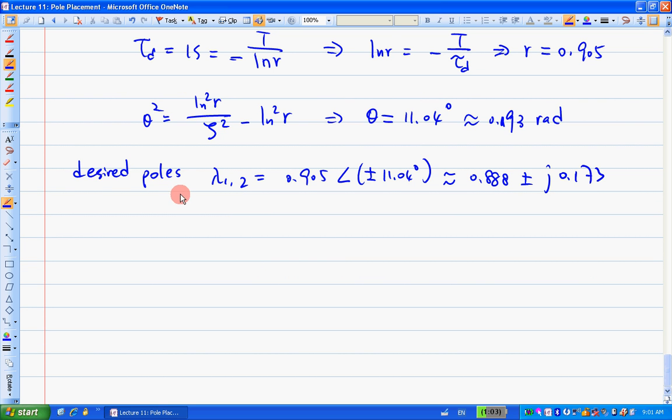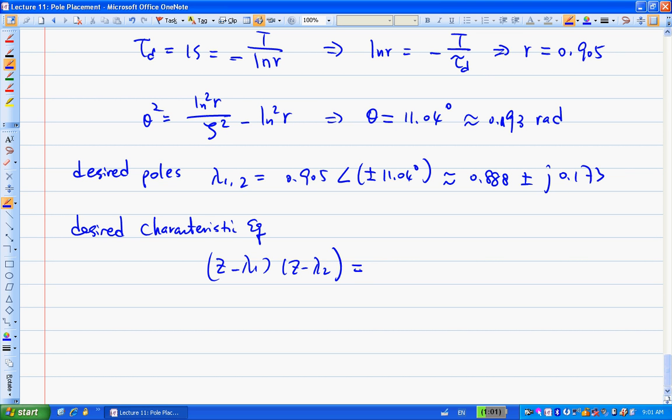K1 and K2 are calculated based on the desired polynomial, or desired characteristic equation, which is z minus lambda 1 times z minus lambda 2.